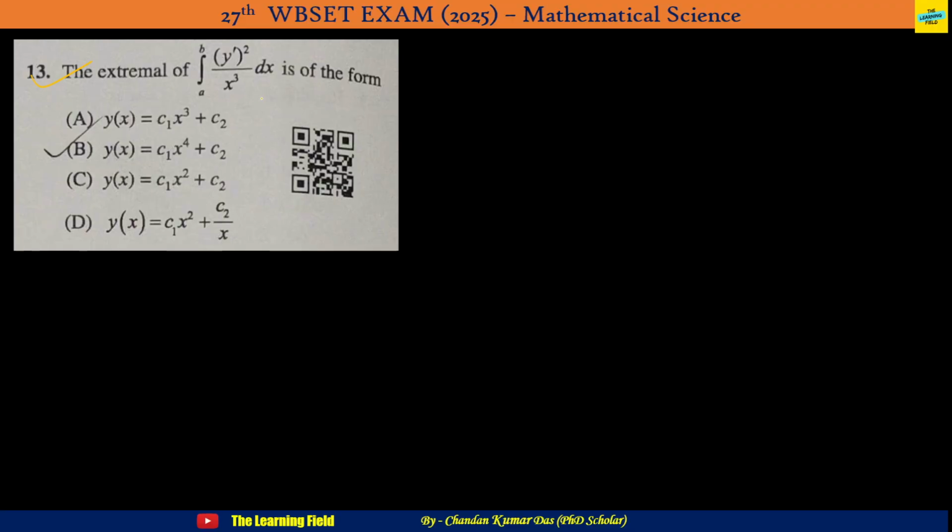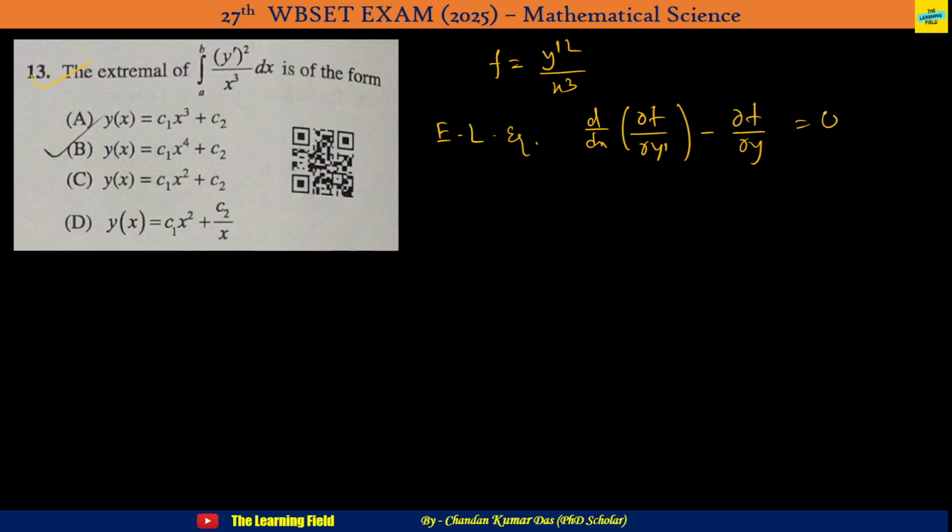We know this, given that the extremal is of the form what? f is equal to y dash squared by x cubed. We know that the Euler-Lagrange equation is given by d/dx of ∂f/∂y' minus ∂f/∂y is equal to 0.